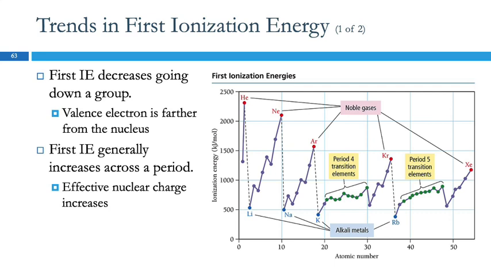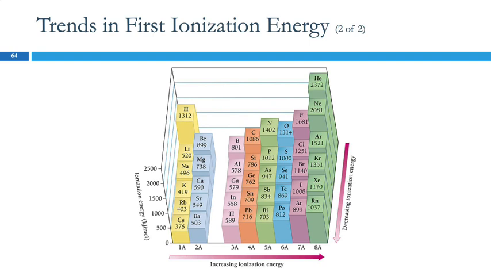Okay? So going across, we see increase in ionization energy because the size is decreasing. Coming down, we see a decrease in ionization energy because the size is increasing. So ionization energy and size, the trends are exactly opposite to each other.